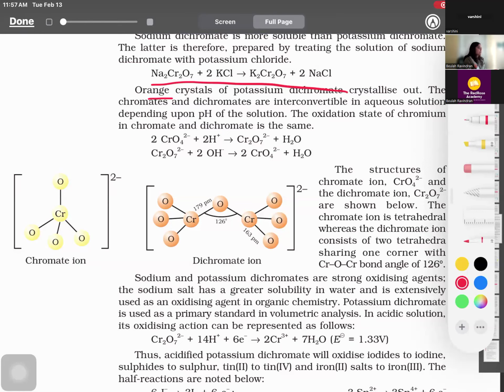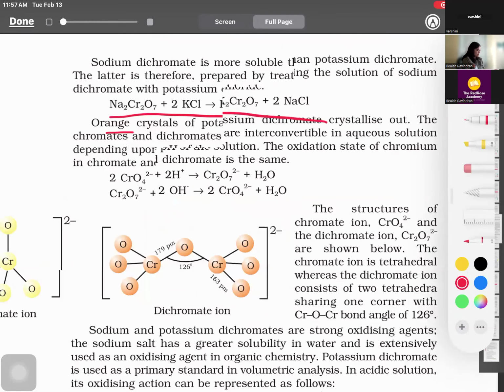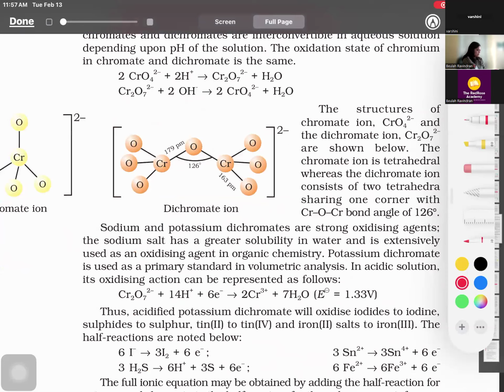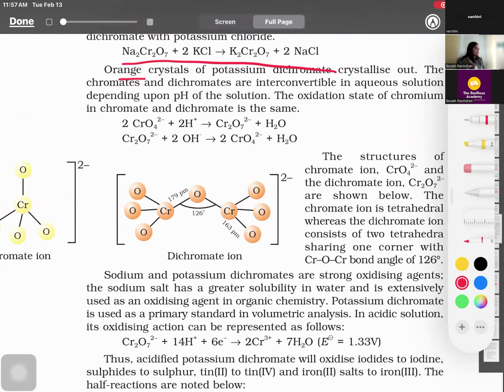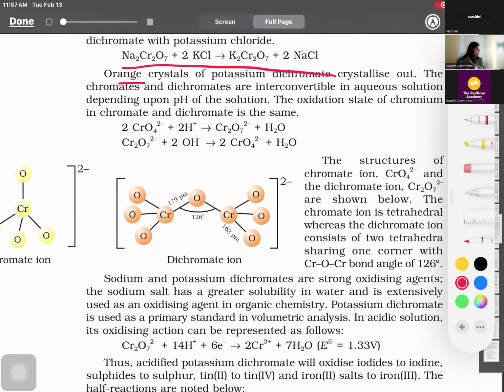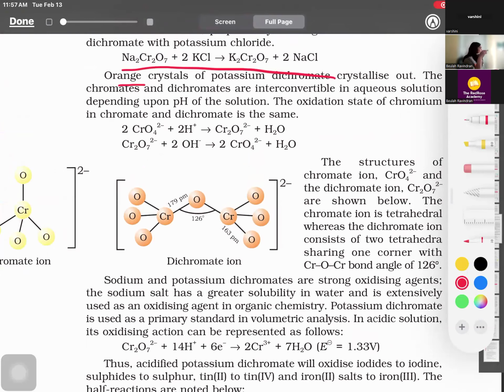Mostly it is orange-red crystals. It melts at 699 Kelvin. Then it can be reacted with excess oxygen, so we can say it is very stable in air.